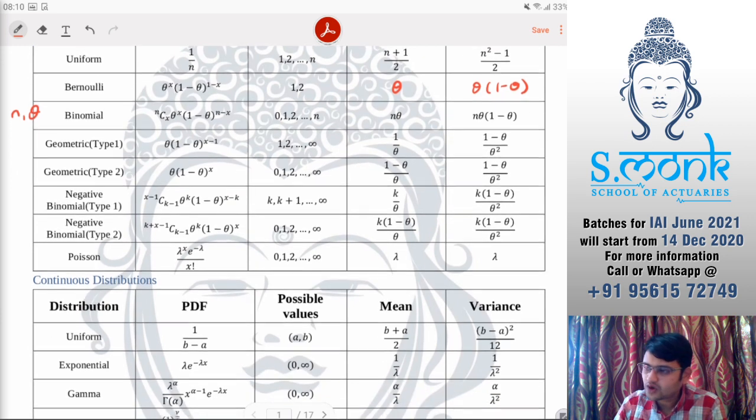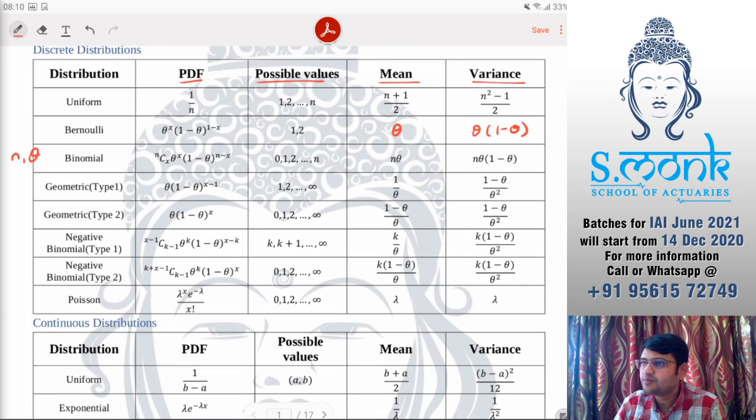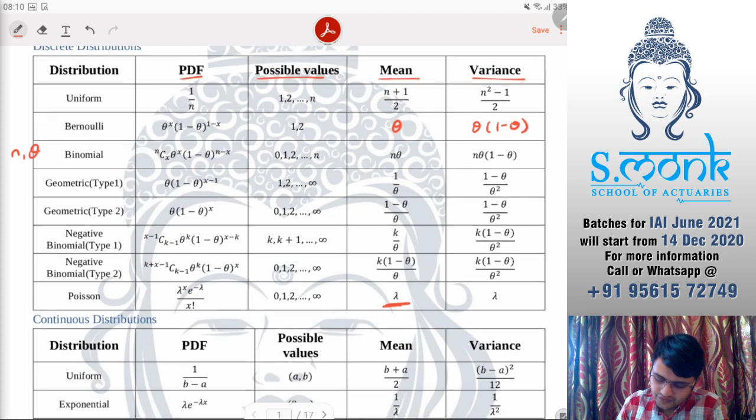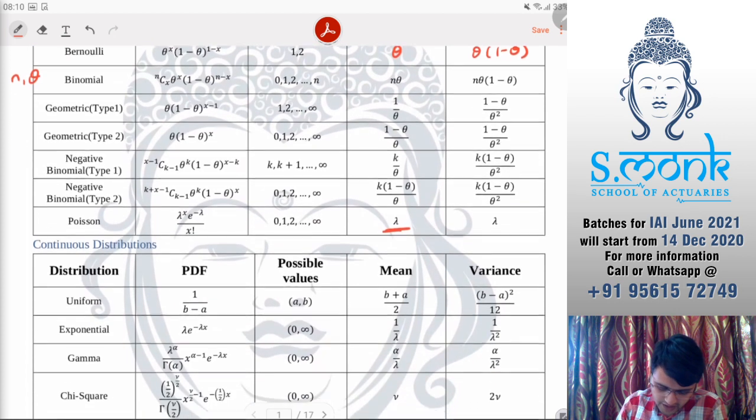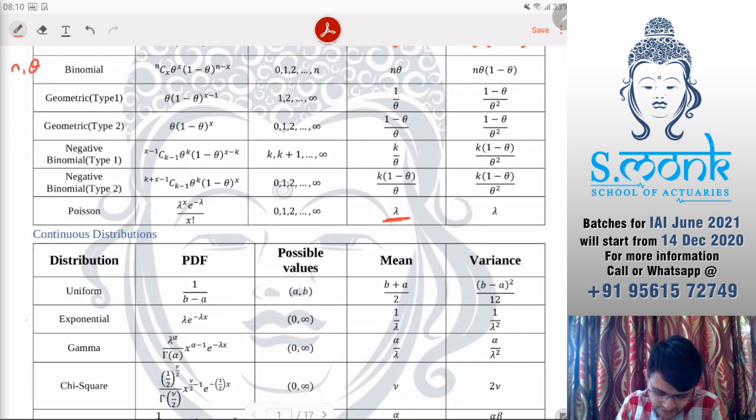Poisson distribution, they will always give you some kind of rate, something per time. If a rate is given, then we are talking about Poisson distribution. If we have discrete and if we have continuous, then it becomes an exponential distribution.